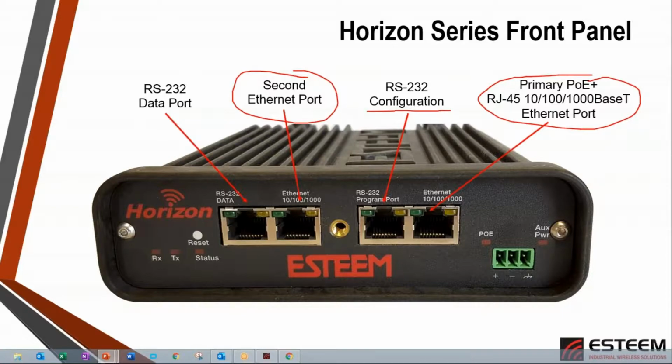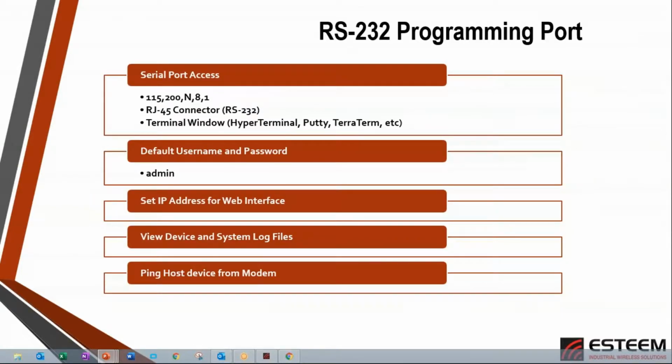Now this configuration port is a little bit unique in the fact that it's really designed as a fallback port if all other ports are not communicating. You do most of your communication programming through the web interface in the radio, so you're going through the Ethernet interface. There really are very few conditions that the radio can be put into where you cannot get a response out of the radio.